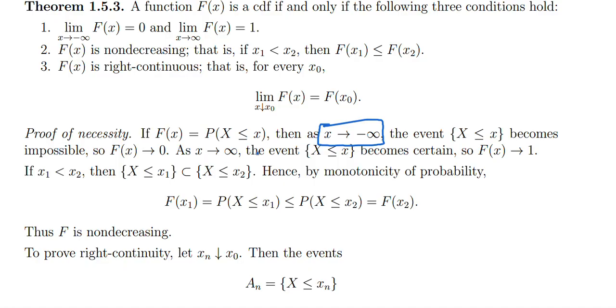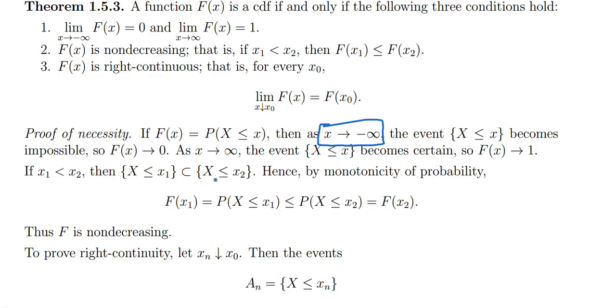Now as x approaches infinity, the event X less than or equal to x becomes certain. It covers the whole space, so F(x) goes to 1 as x approaches infinity.